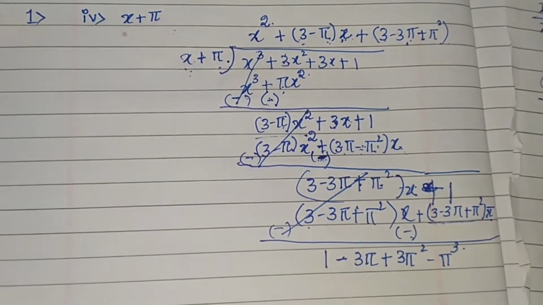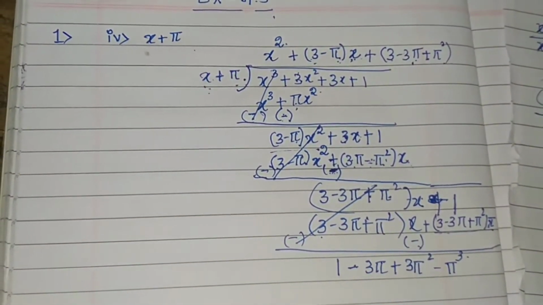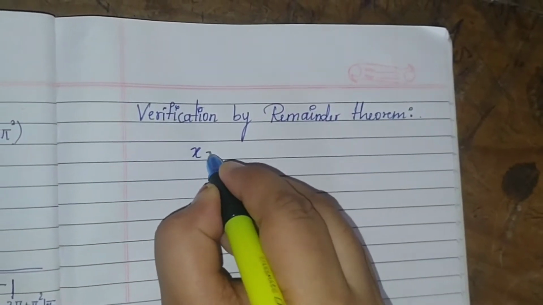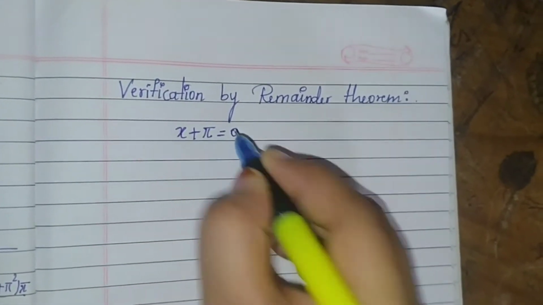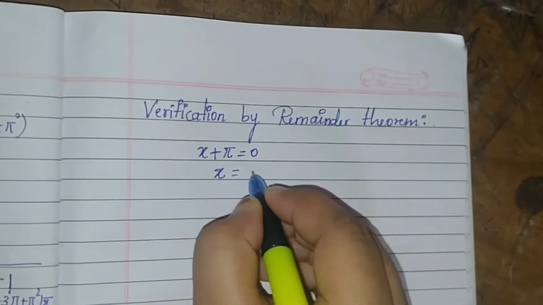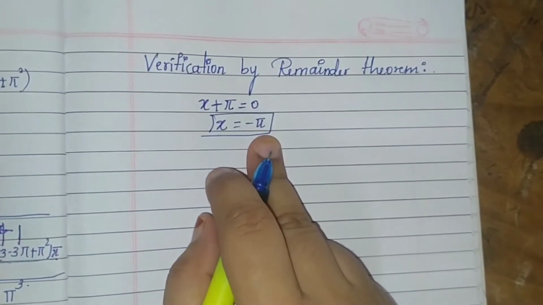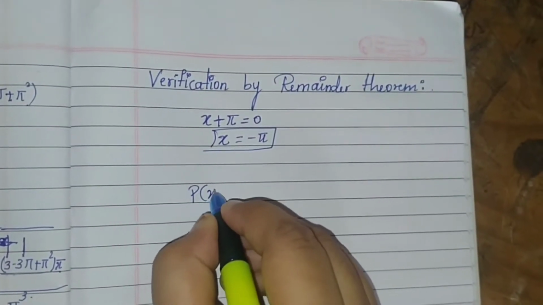Okay, so now we will verify this by using the remainder theorem. So first what you have to do, you have to find the zero of the polynomial of the divisor. That means x plus pi is equal to 0. So x will be equal to minus pi. Okay, so this value what you got here, you have to substitute in the dividend.